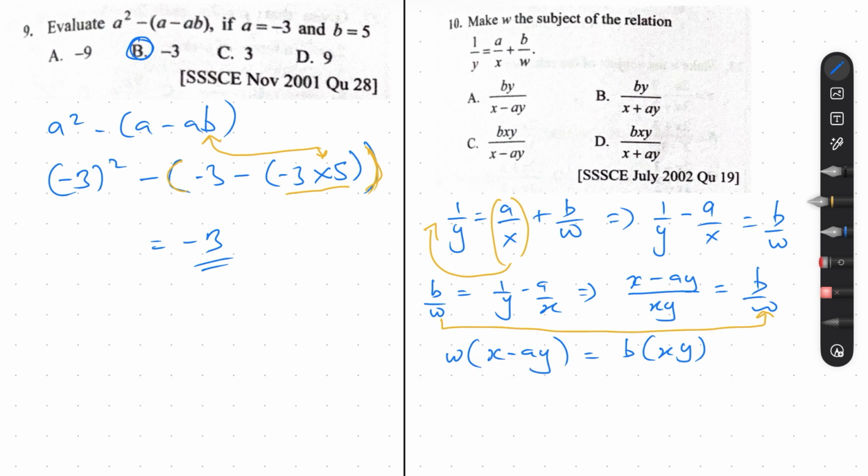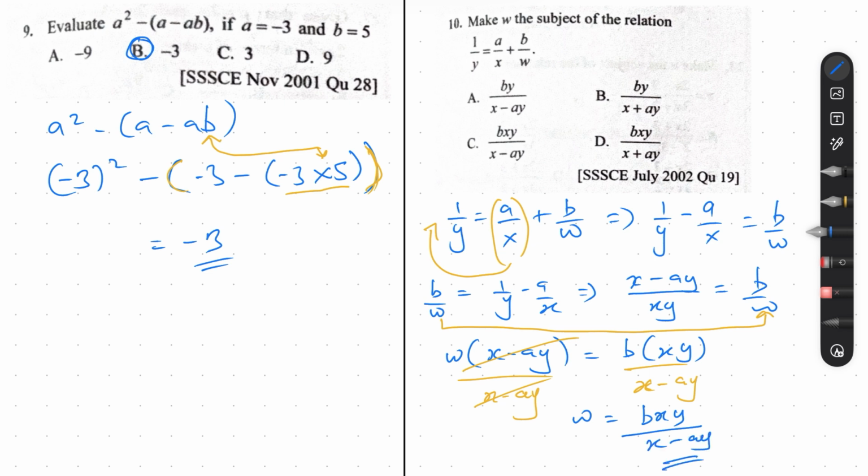So let's do that. Over x minus ay, x minus ay. So this will cancel this. Okay, and we'll be left with w here, right? So our answer w is equal to bxy all over x minus ay.